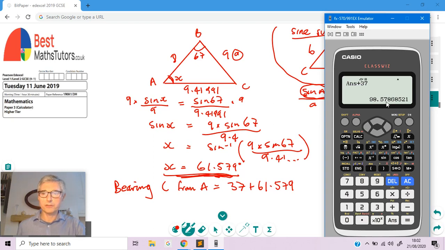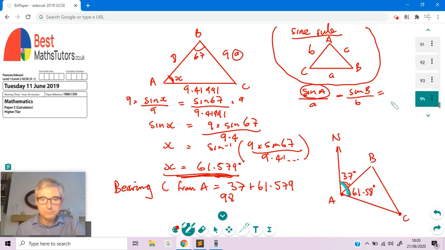But we were asked to give it to 1 decimal place. So let me just write down the first 4 places there, and then we'll look at it again. So 98.5786. But we want it to 1 decimal place. So that means we're going to cut it off after the 5.